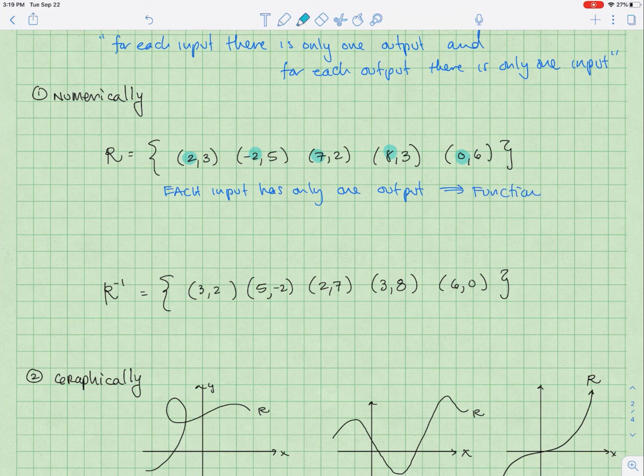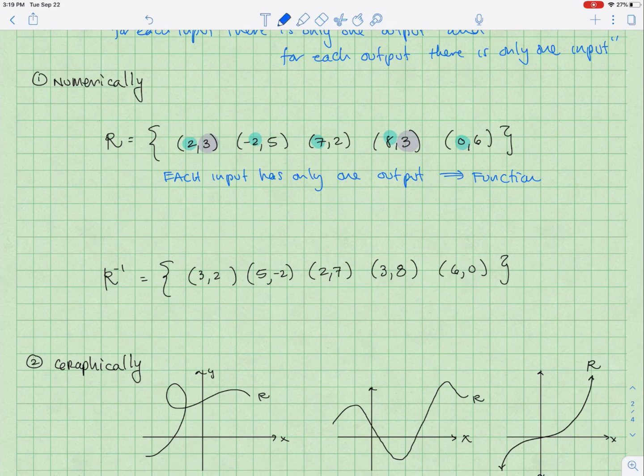There is a little bit of trouble with the outputs. You'll notice that the first ordered pair 2, 3 and the fourth ordered pair 8, 3 share an output. That is to say, the output 3 has multiple inputs.